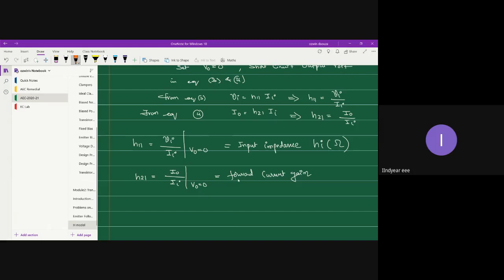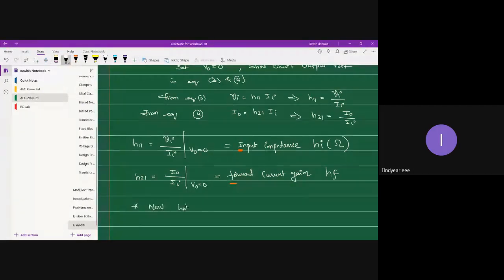Since it is called forward current gain, it is written as HF. And in the previous case, I told you that input impedance is taken as HI, because the I term is present over here. So that is what you get when you set your output port as 0.